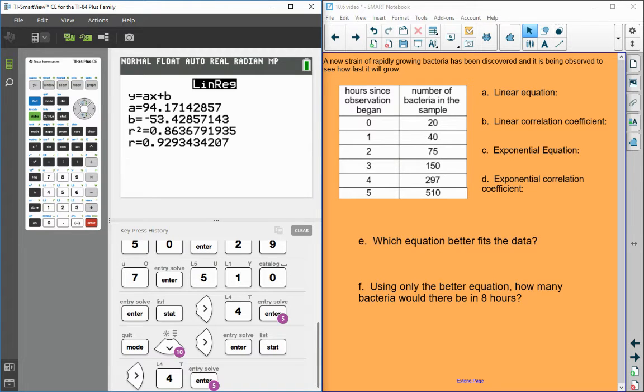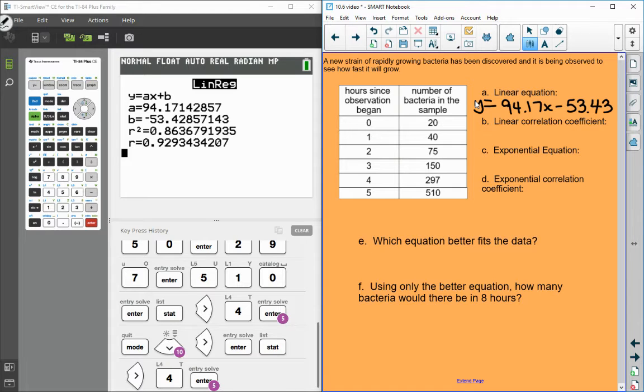So now I can write down my equation. My linear equation is going to be y equals 94.17x minus 53.43, and I used a minus because it was negative. So I did that to 2 decimal places.